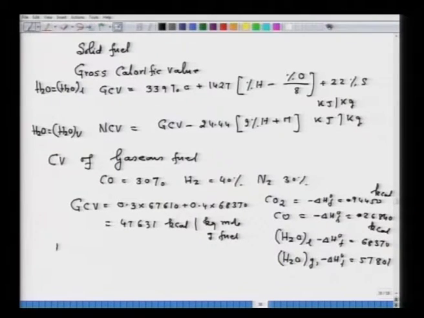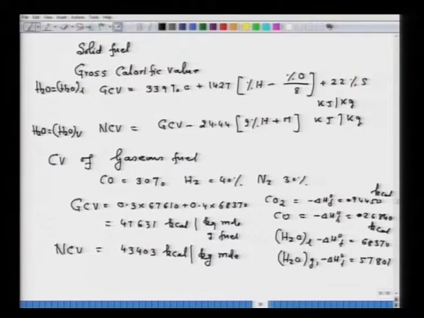And similarly, I can calculate NCV, only I have to substitute here for H2O vapor, then I will get 40,340 kilocalorie per kg mole. So, these calculations you will need while performing heat balance in the unit processes.